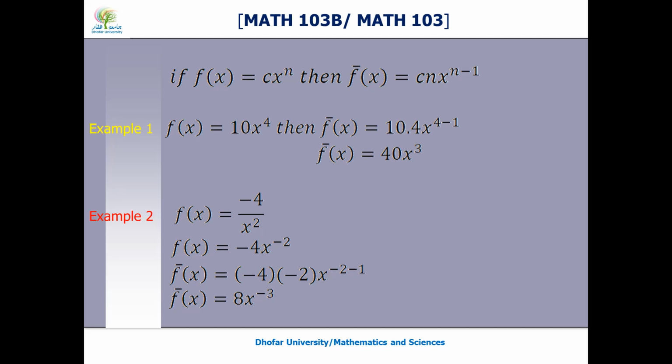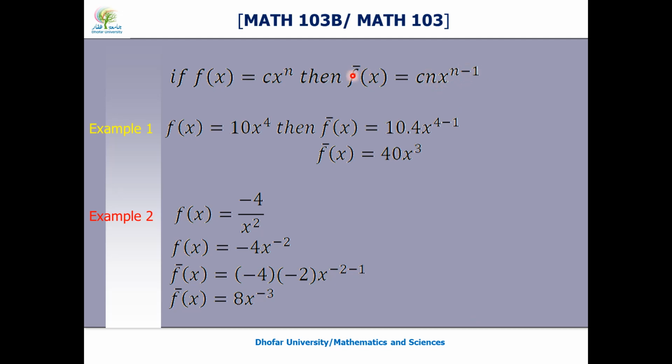Now, let's say sometimes the power function is multiplied by a constant, like this, if f of x equals c multiplied by x index n, where c here is a real number, and x index n is a power function, then the derivative of this kind of function is we bring n in front of cx, it becomes c multiplied by n multiplied by x, and the new power of x will be n minus 1.